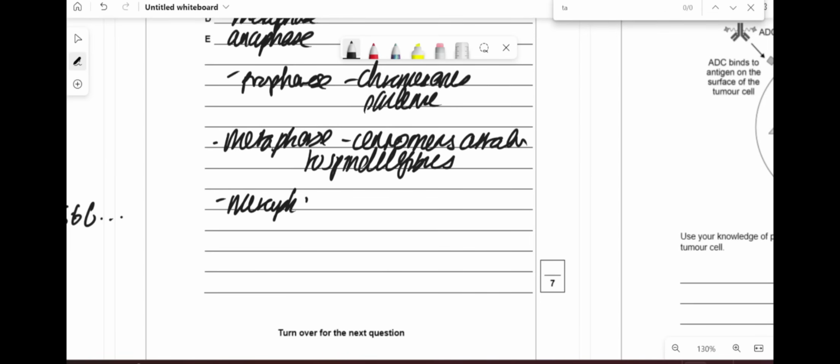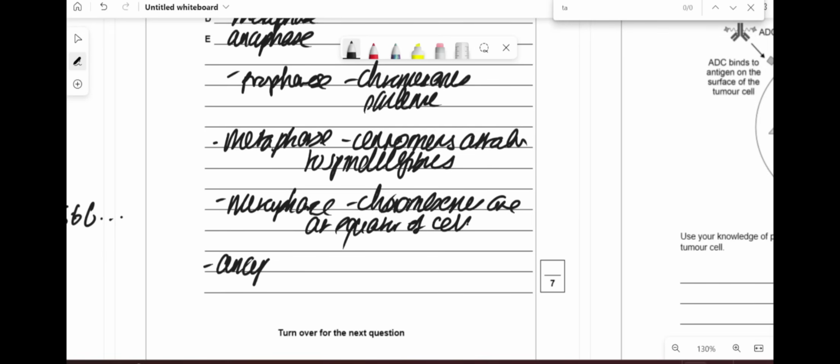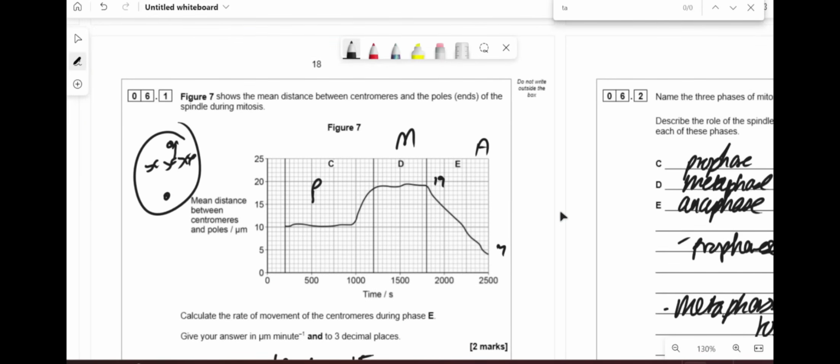As well as that, in metaphase, the chromosomes are at the equator of the cell. And then in anaphase, the centromeres divide. And as mentioned before, the chromatids move to each end of the cell, which decreases the distance from the centromere to the spindle pole.